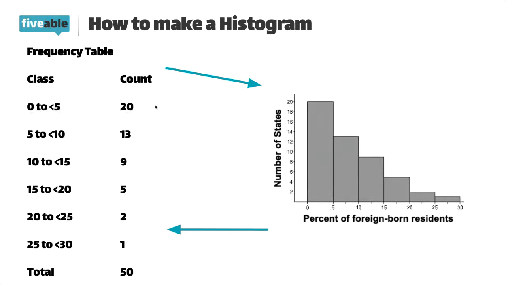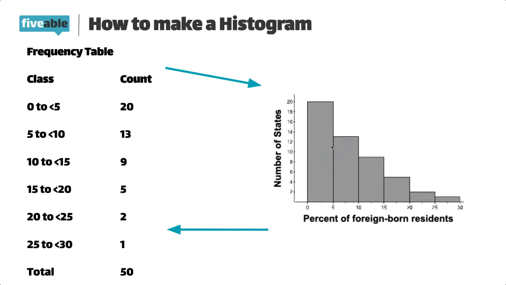Now, the downside to a histogram is it doesn't give us the exact data values. It just gives us an interval in which they could exist. So when it comes to histograms, you're not getting the exact data. You're just getting an interval in which it exists. We have 13 states that have between 5 and 10% of their residents foreign-born.